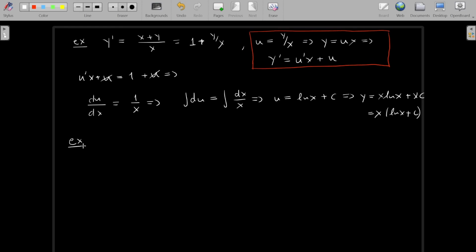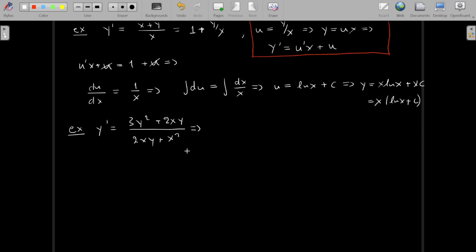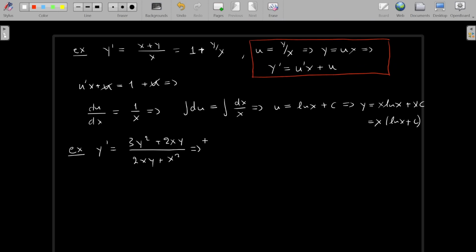Another example, y prime is equal to (3y squared plus 2xy) over (2xy plus x squared), and we can easily see that if we divide everything by x squared, we'll get u everywhere. Let's check that.